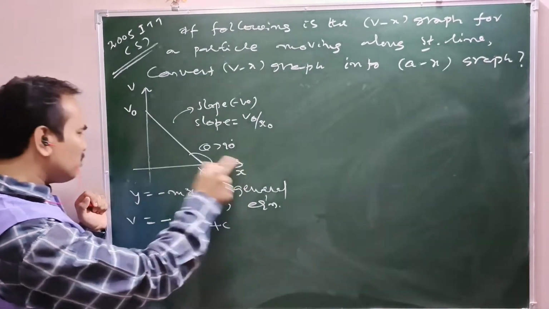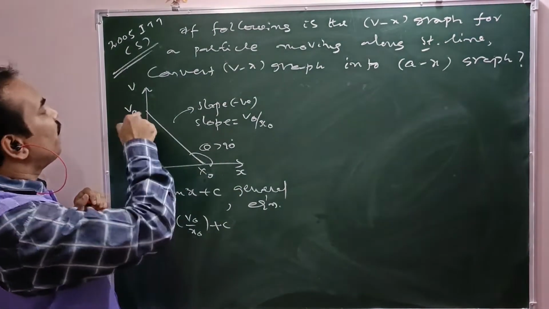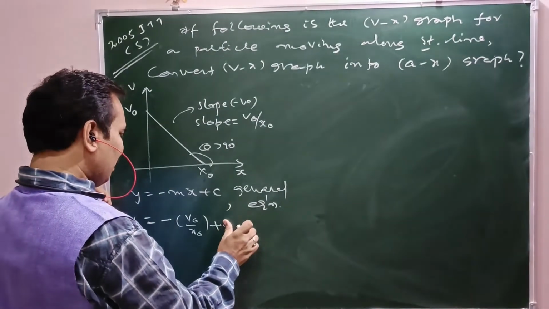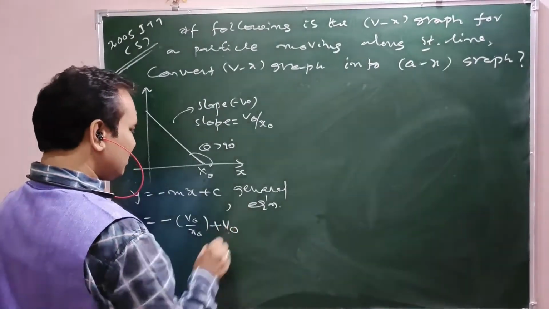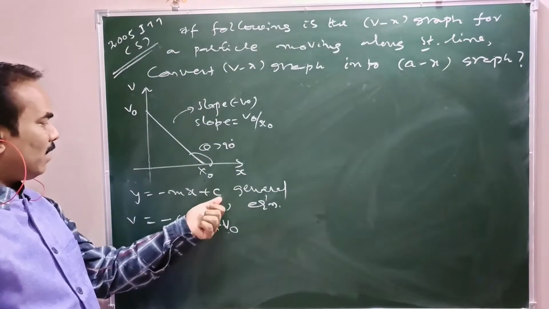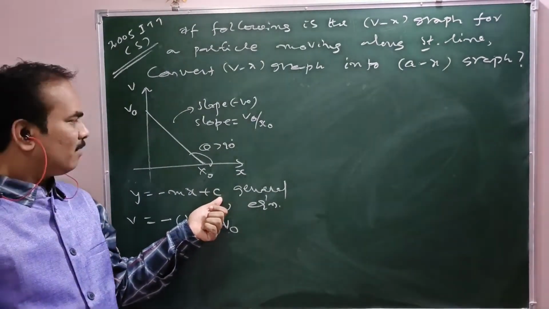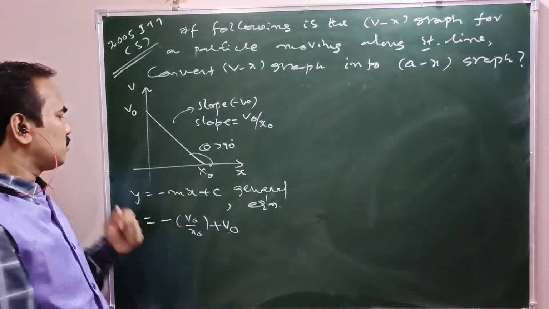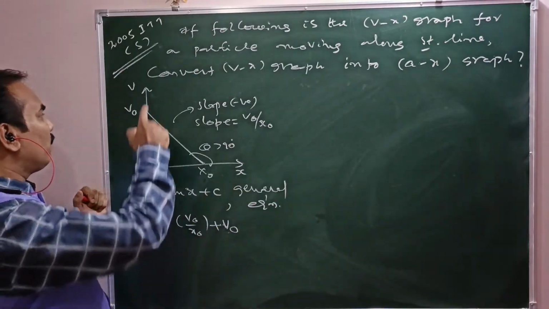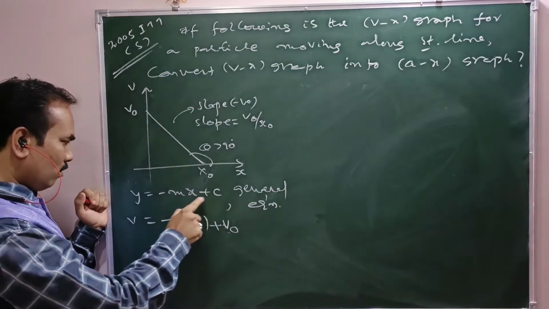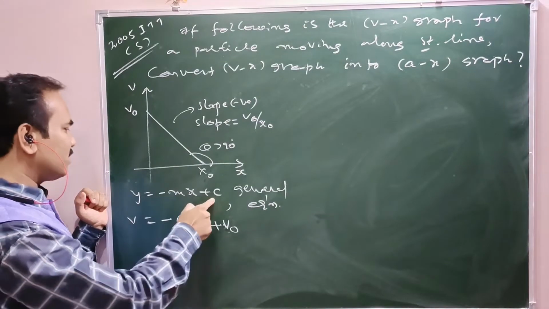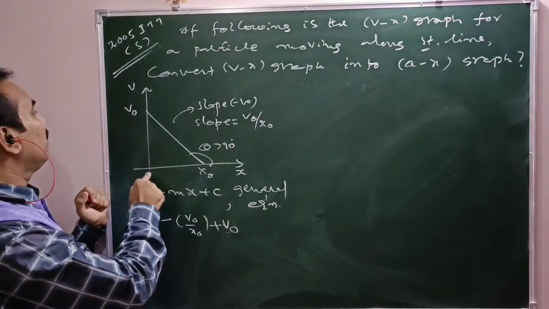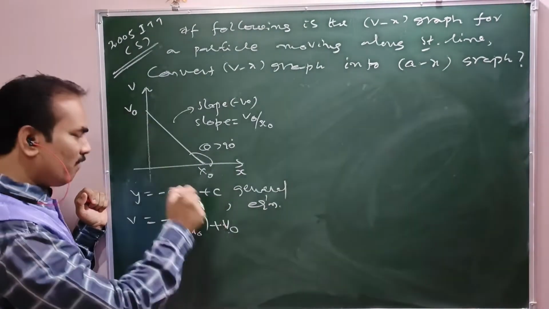When x becomes 0, y becomes v0. So v0 is the c value. c means the y-intercept, at x equal to 0. So x becomes 0 means v becomes v0, so c equals v0.